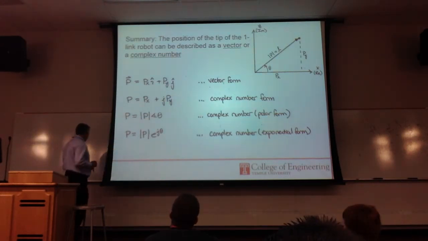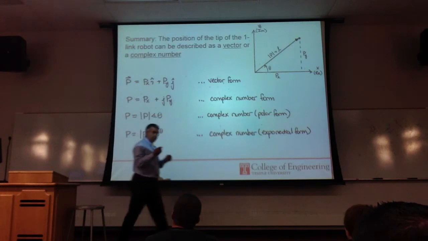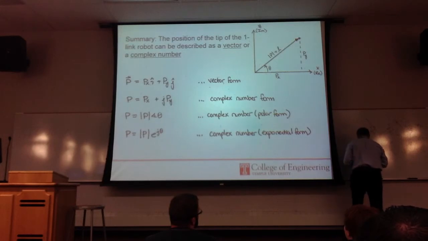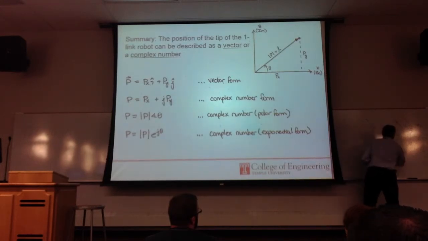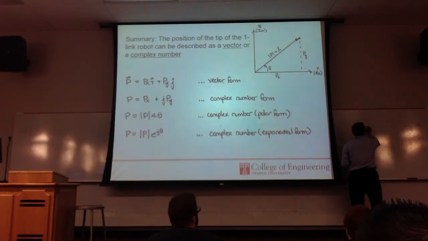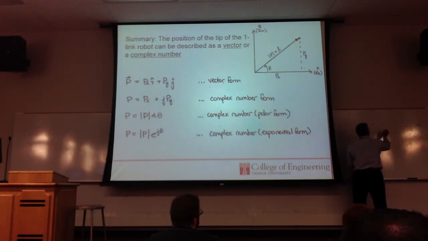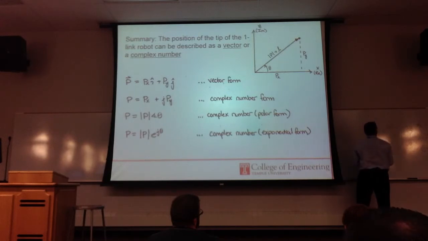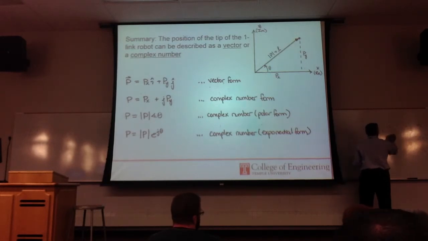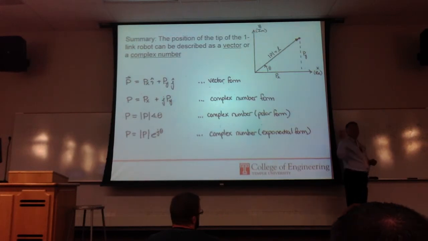Because if I describe P1 as the magnitude of P1 times e^(j theta 1) and P2 as the magnitude of P2 times e^(j theta 2), it is much easier to use it this way than any one of the others.